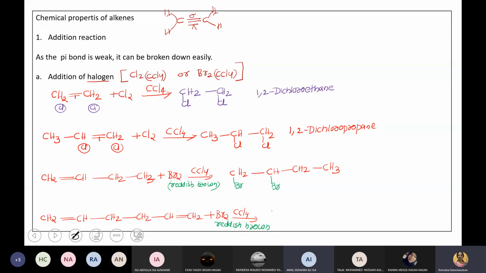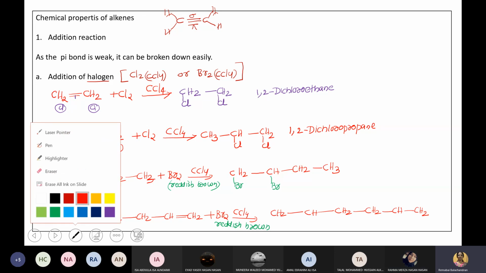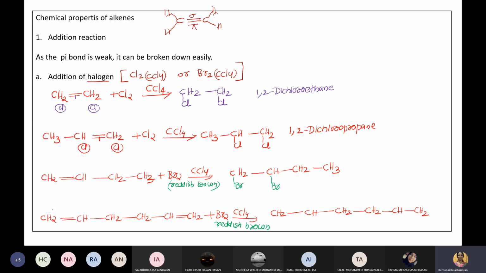How many double bonds? Yes, it is CH2, single bond, CH, CH2, CH2. There are 2 double bonds you break. One Br here, one Br here, similarly this one also Br, this one is Br, that's it.